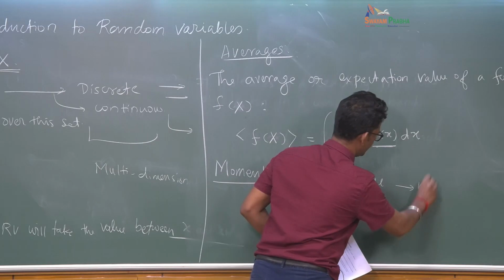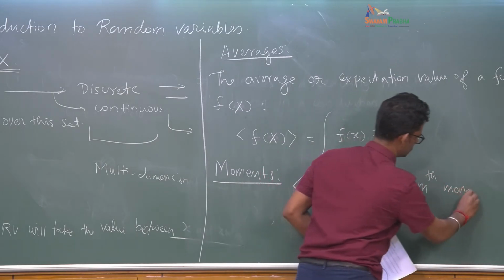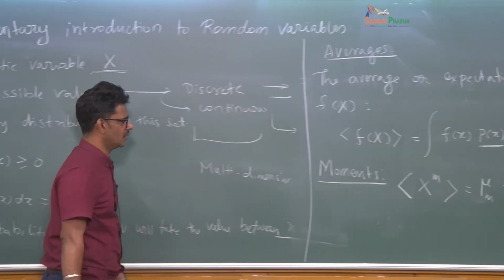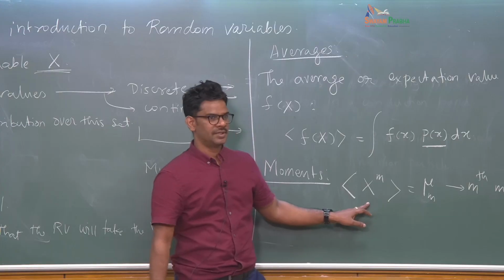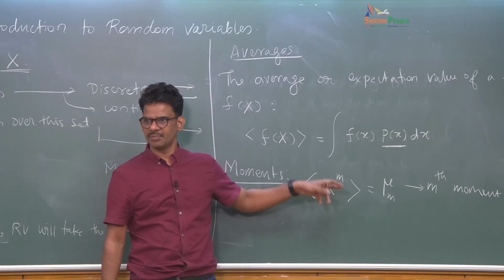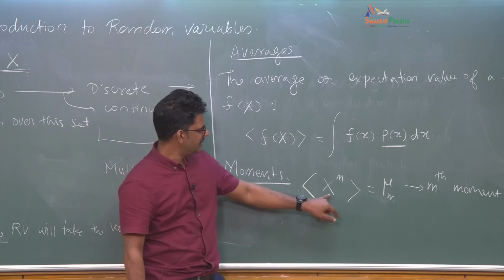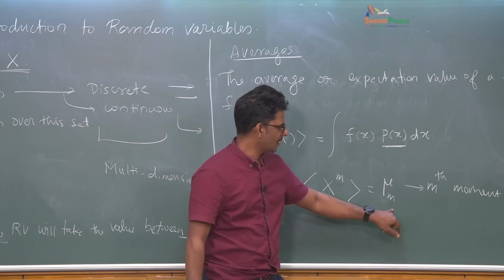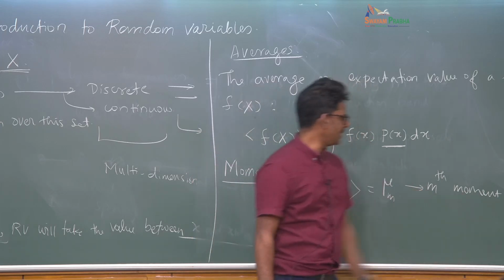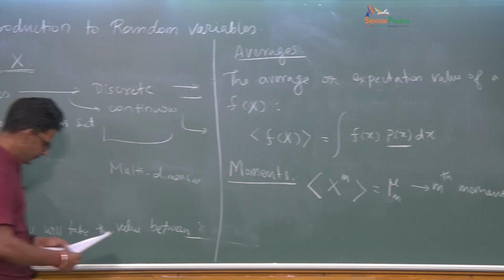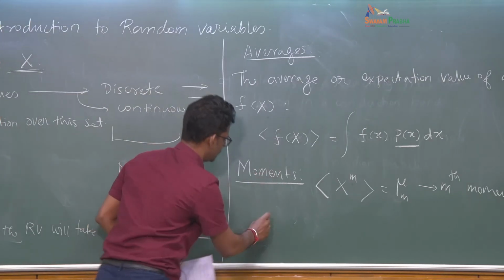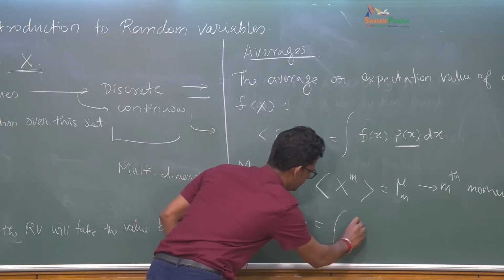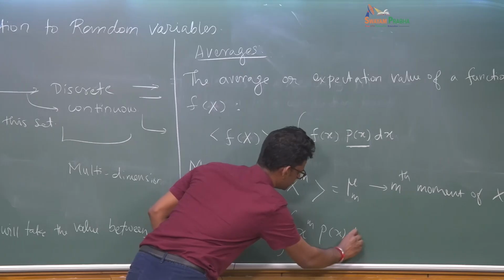This is called the mth moment of x. x is a random variable, and when I raise it to the power m, where m is an integer, it can be 0, 1, 2, 3, 4 and so on, I denote this moment as mu m, and we call this the mth moment of x. We define the mth moment as the integral of x power m times p of x dx.